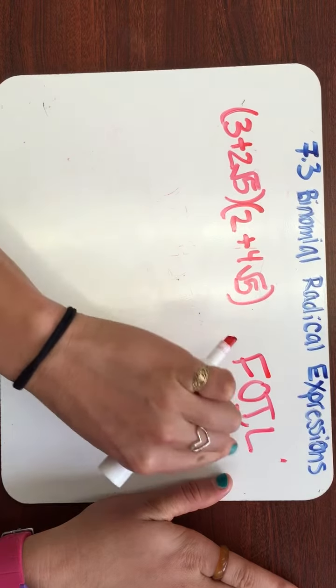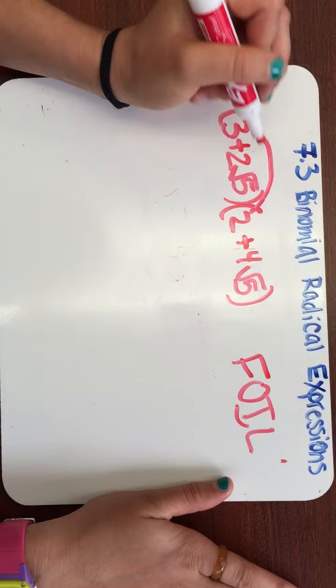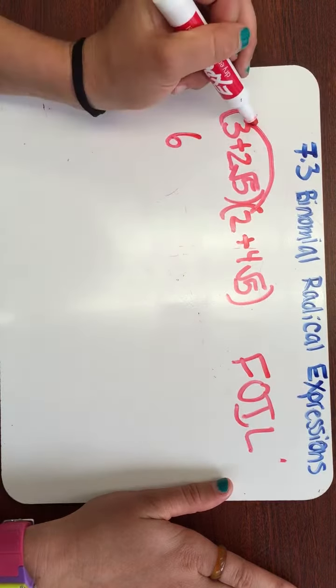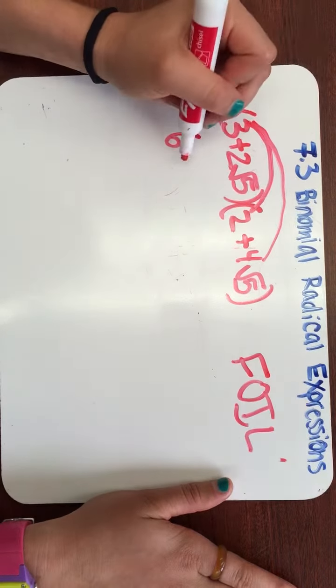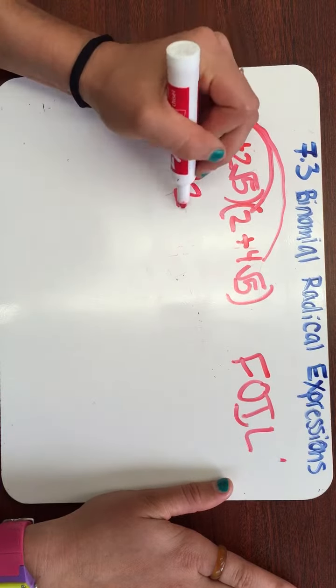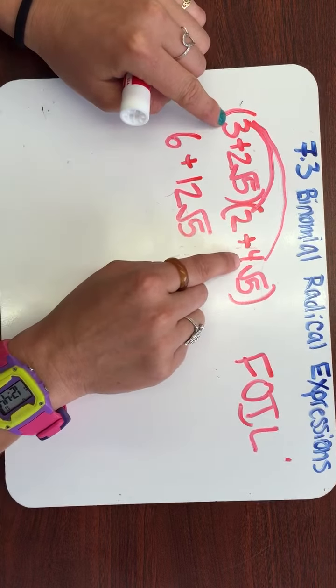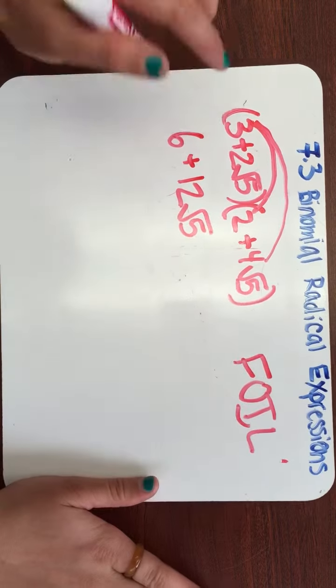First, outer, inner, last. So we go, first terms are 3 and 2. 3 times 2 is a 6. Outer terms, the 3 and the 4 square root of 5. So 3 times a 4 is a 12 square root of 5, because we multiply the part that is going to be the rational numbers, and then we'll multiply the parts that are irrational.